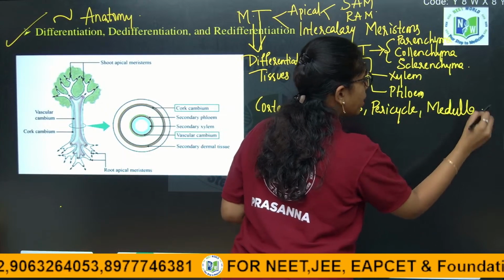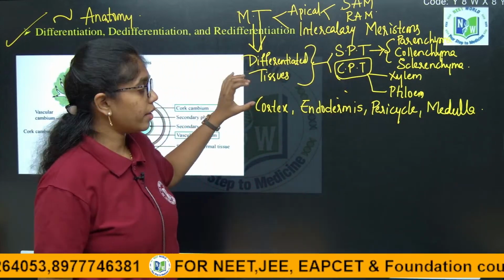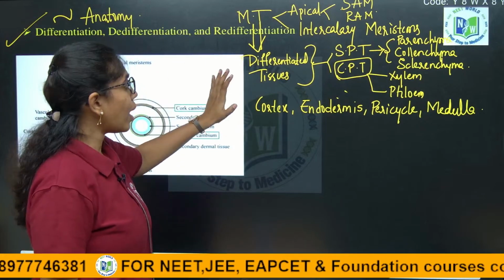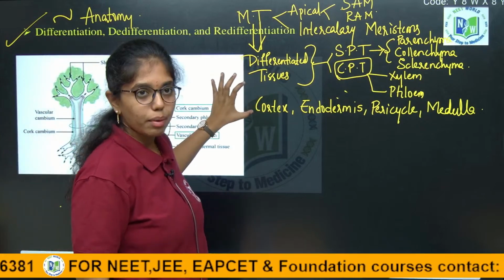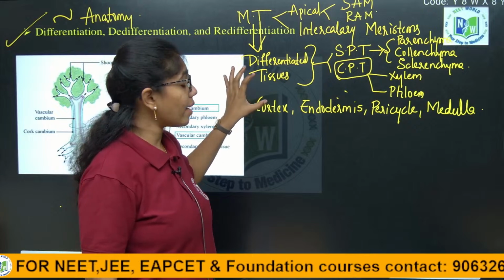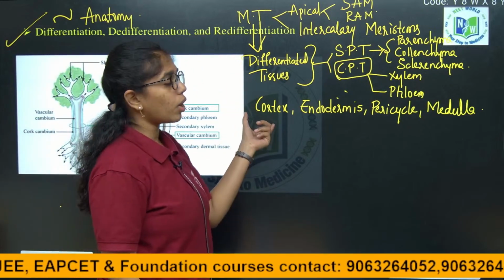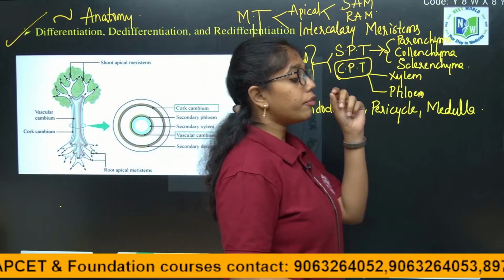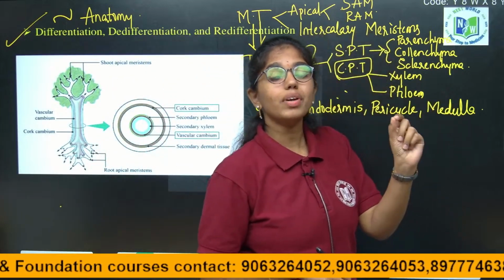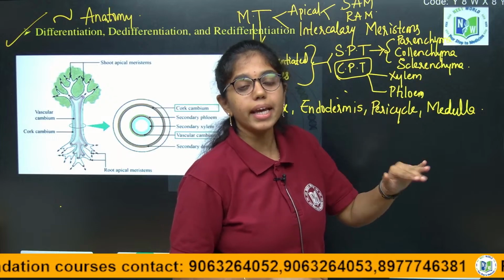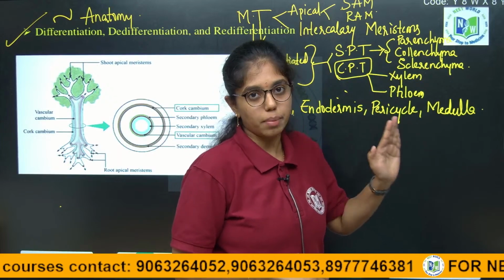All these are differentiated tissues or differentiated regions. You have to remember, they do not have any capacity of meristematic activity. So, these are differentiated tissues.